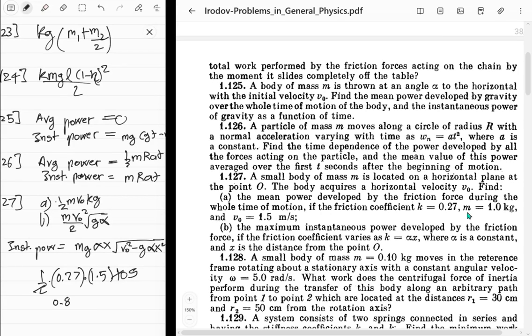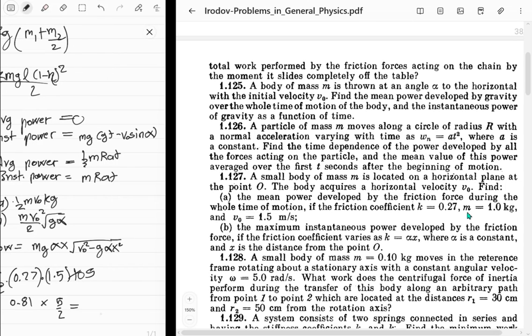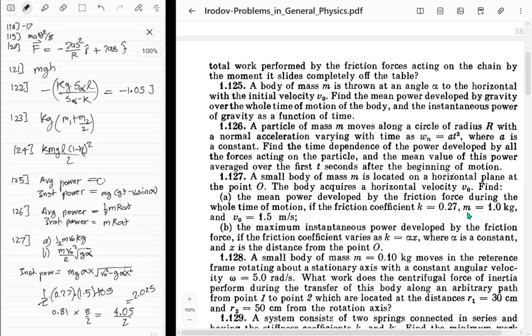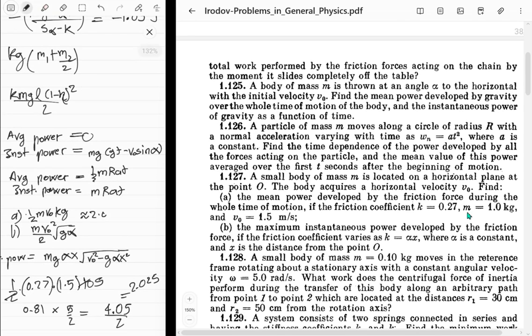This is like 0.81 times 0.5 times 5, so 2.5, which is like 5 upon 2. So it's just going to be 4.05, and that upon 2, which is 2.025. So this is approximately 2.025 Newton per second. It's the power.